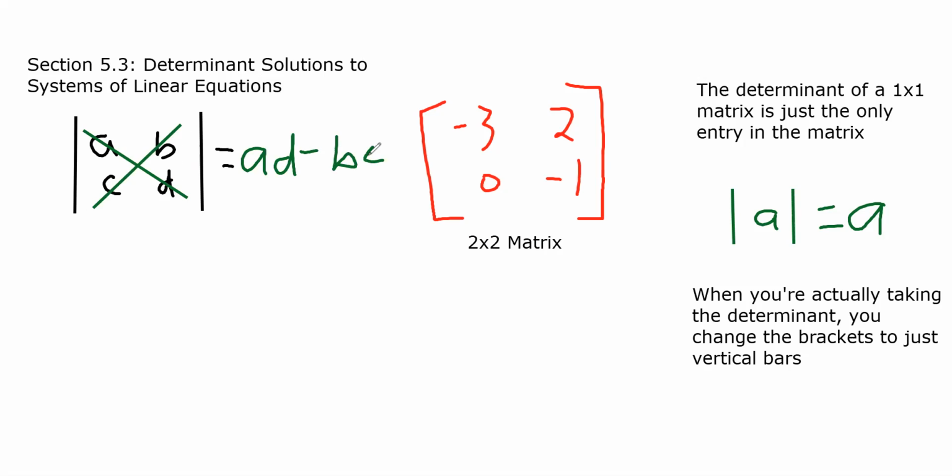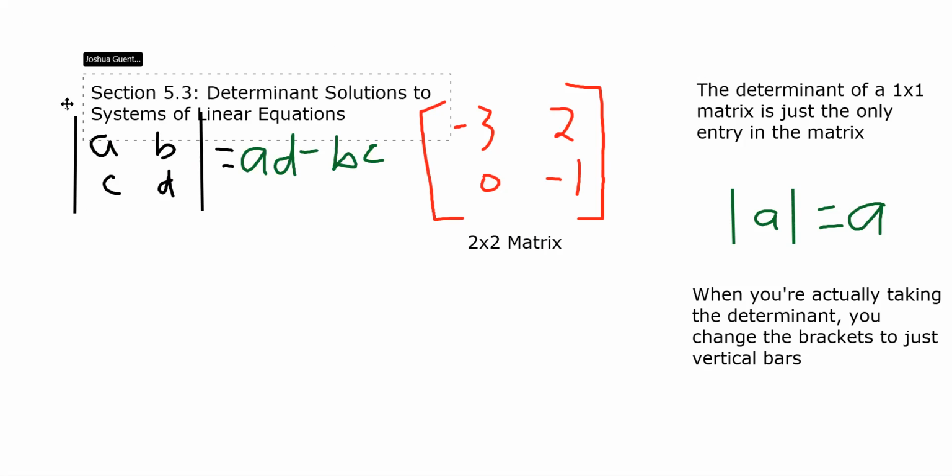It's like the two eras of time are fighting against each other. So I multiply along the main diagonal, subtract off when I multiply along the off diagonal. So AD minus BC. Let's work a couple examples of that.